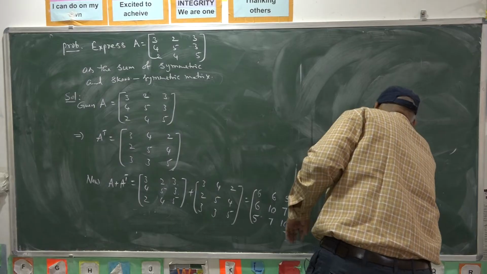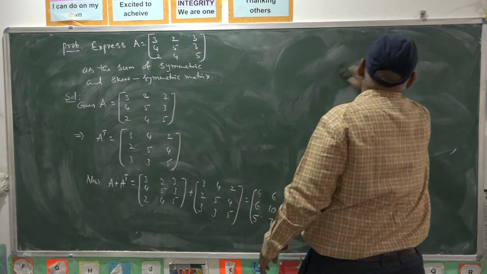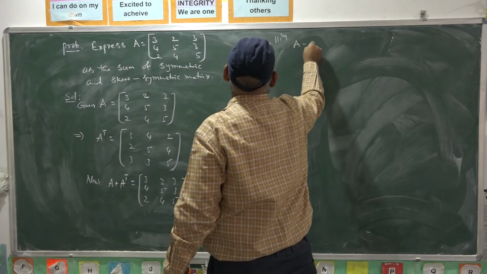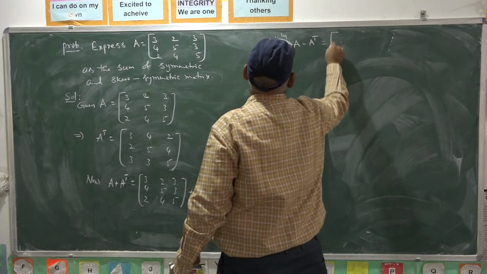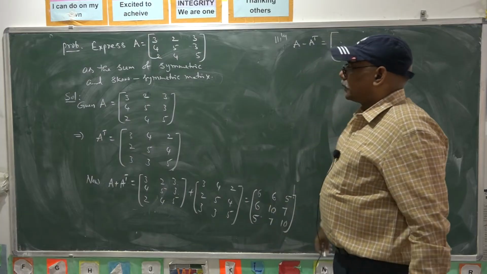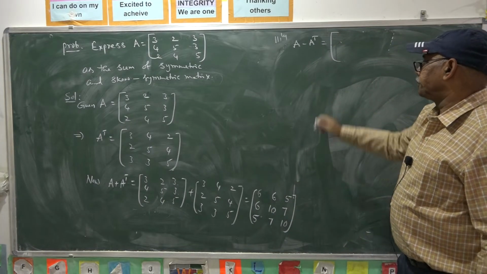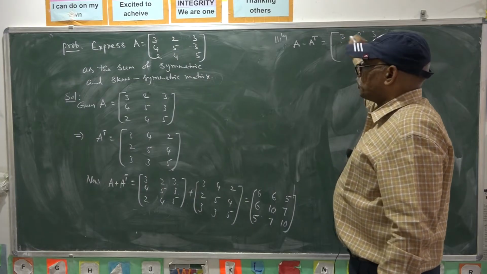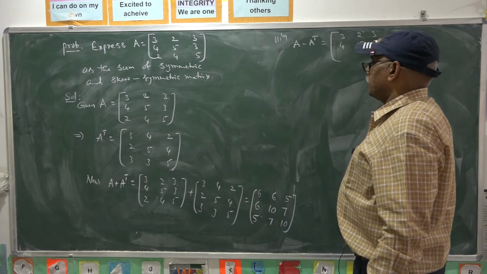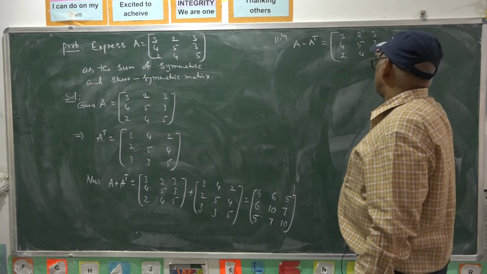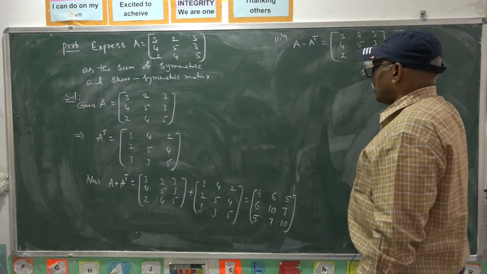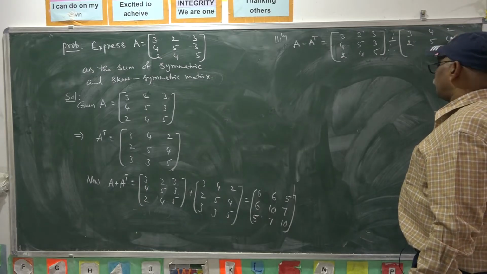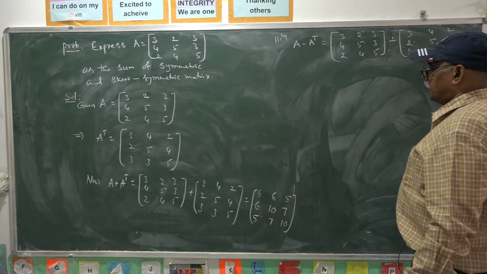Similarly, consider A minus A transpose, the subtraction of A transpose from A. A minus A transpose is 3, 2, 3; 4, 5, 3; 2, 4, 5 minus 3, 4, 2; 2, 5, 4; 3, 3, 5.